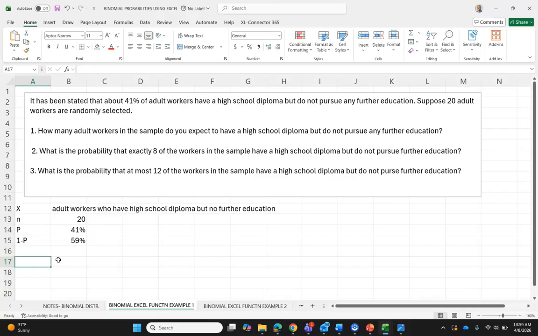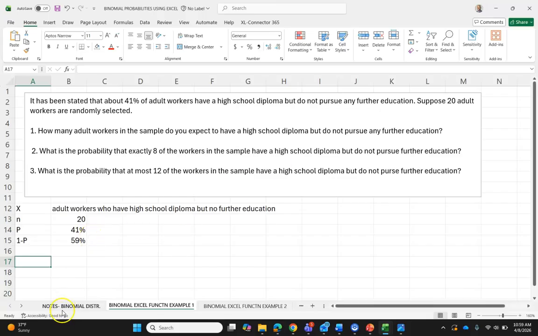So we can call this a binomial distribution kind of question. The first question says, how many adult workers in the sample do you expect to have a high school diploma but do not pursue any further education? This question is asking for the average of the adult workers who completed a high school diploma but didn't pursue further education.